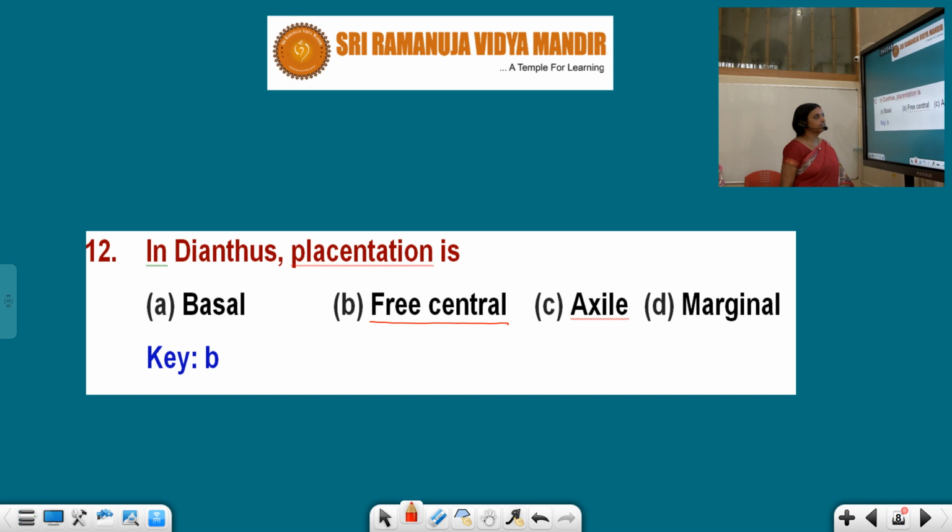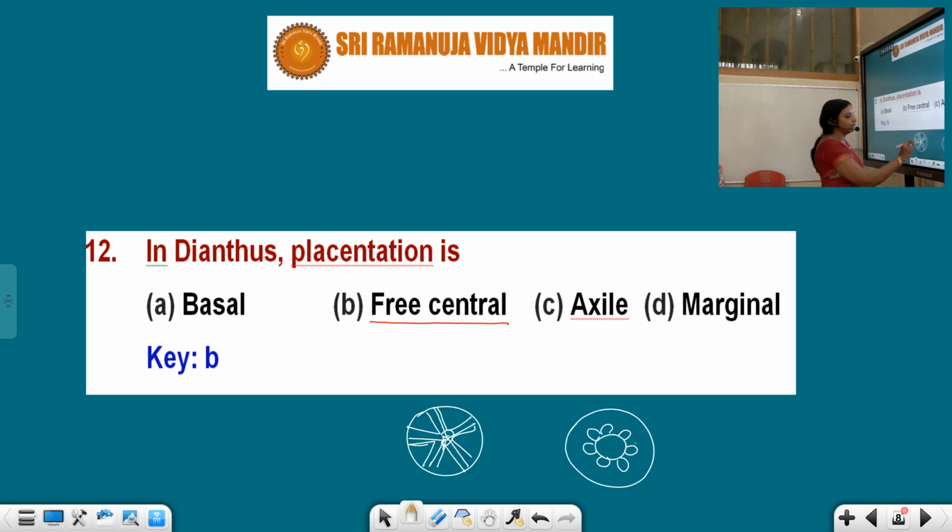So either bilocular to multilocular structure is present, and in the middle the placenta is there, and in the middle ovules are present in this way. So here it is bicarpellary to multicarpellary, bilocular to multilocular, whereas in free central it is monocarpellary, unilocular, and the placenta is in the center and ovules are present there only. So the answer is free central.